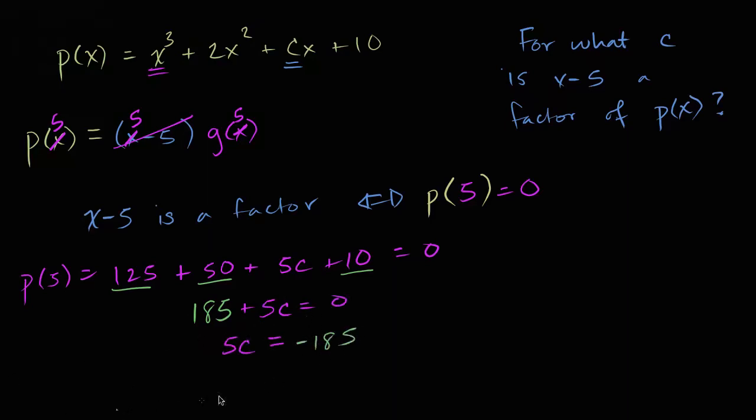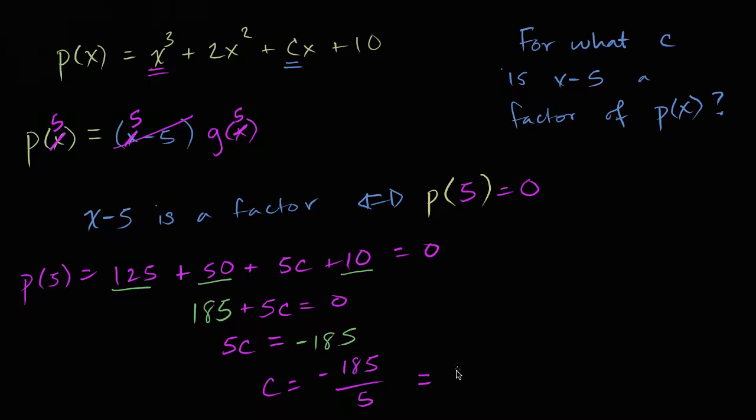Or c is equal to negative 185 over 5, which is equal to... 5 goes into 180, it's going to be 30. 5 times 30 is 150, and then we'll have another 35 to go.